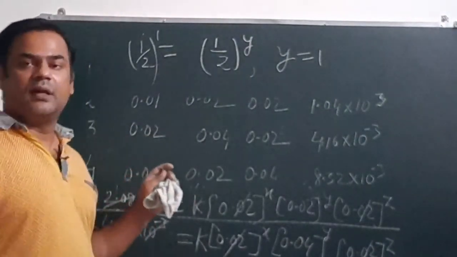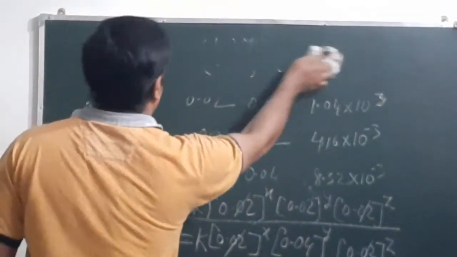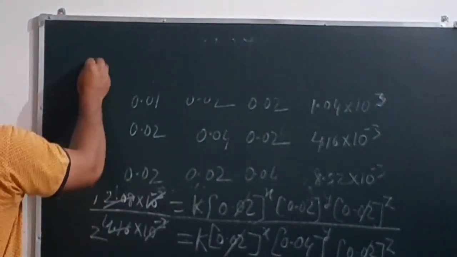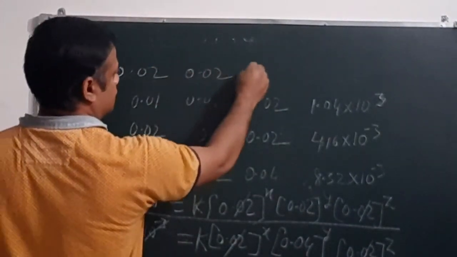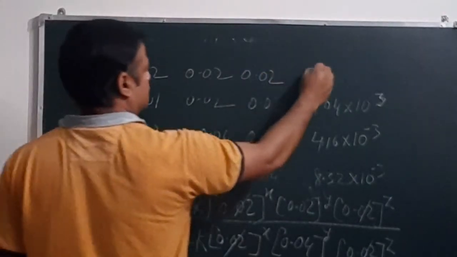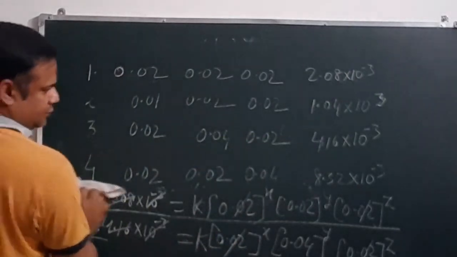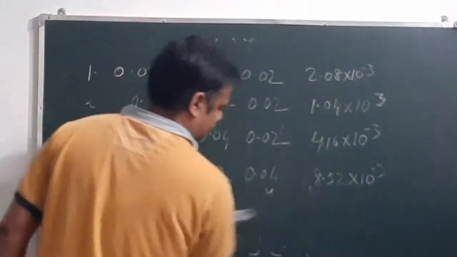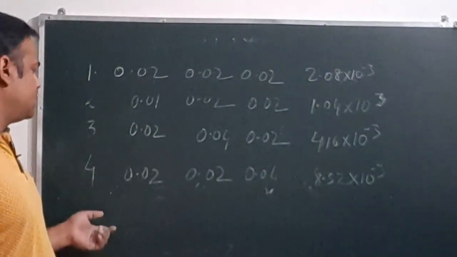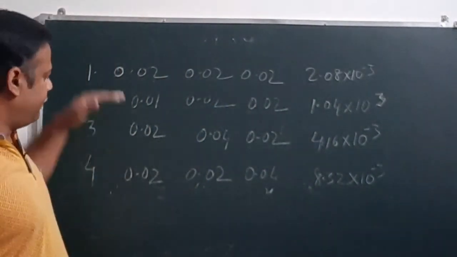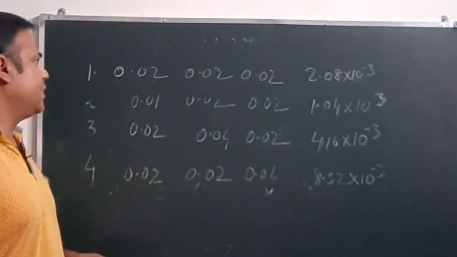Now we'll calculate the order with respect to C. For the determination of order with respect to C, we will take the first and fourth experimental values.